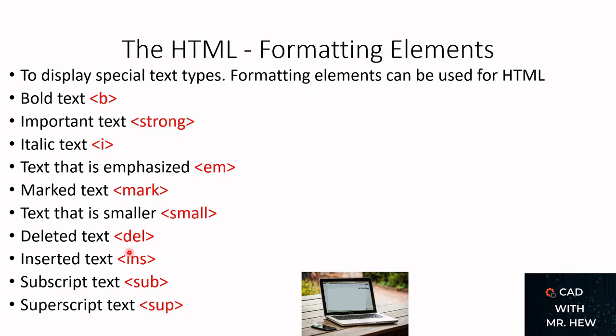Inserted text, we have the left angle bracket and we type the letters I and N S, and then we have the right angle bracket to close it. Subscript text, we have the left angle bracket and then the letters SUB, and then we have the right angle bracket to close the tag. And superscript text, we have the left angle bracket and the letters SUP followed by the right angle bracket.